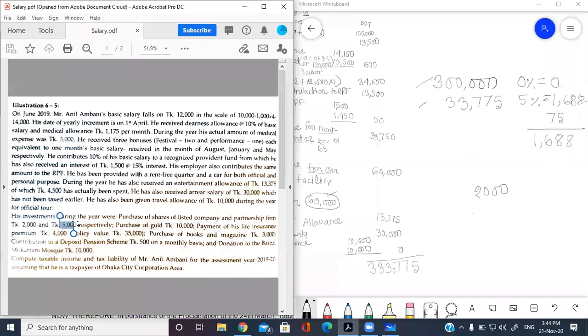Probably I told about some items in the previous session, that it is possible to get investment tax allowance by paying life insurance premium, by your provident fund contribution, by having investment in government securities, listed securities, these things.